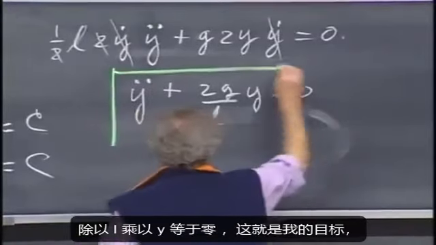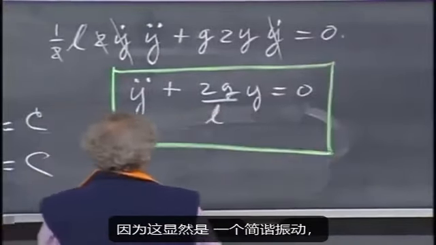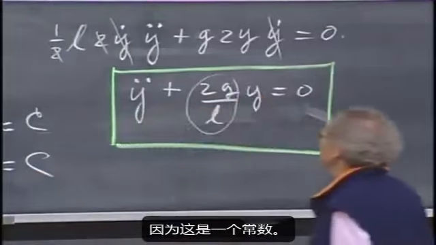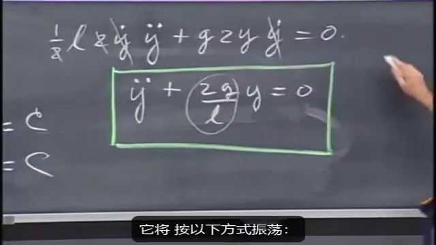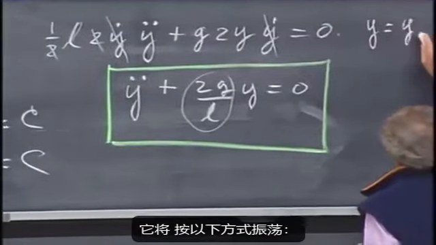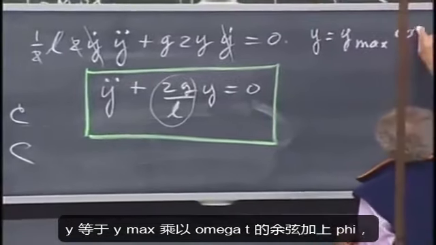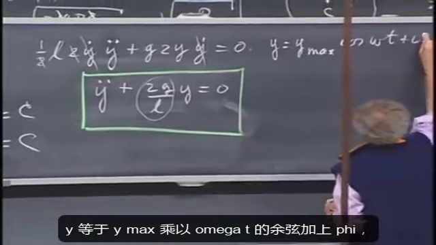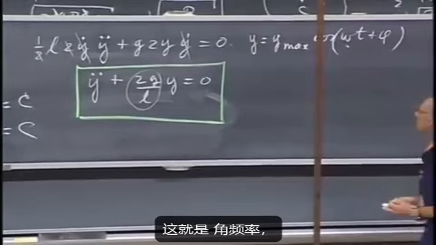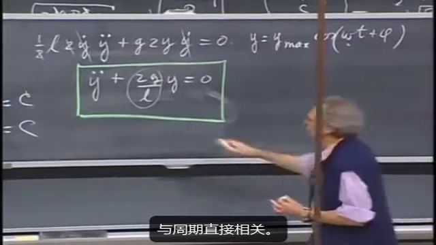And that was my goal, because this is clearly a simple harmonic oscillation, because this is a constant. And it will oscillate in the following way. y equals y max times the cosine of omega t plus phi, and this is the angular frequency, which is directly related to the period.